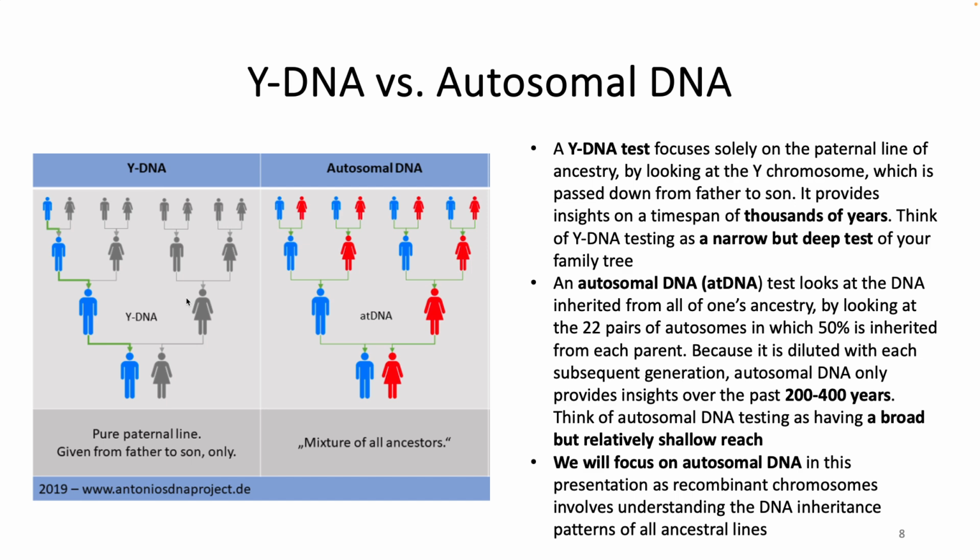So what is autosomal DNA? It looks at the ancestry inherited across those 22 pairs of autosomes. Because it's looking across all parts of your ancestors, both on your paternal side and maternal side, it does get diluted over time. So we just talked about inheriting about 25% of your DNA from each grandparent and about 12.5% from each great-grandparent.